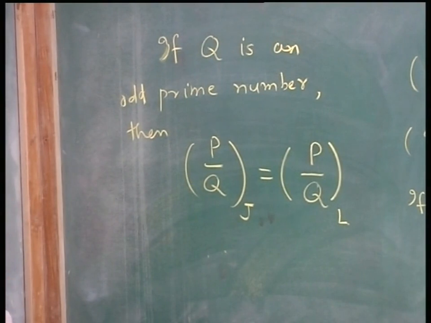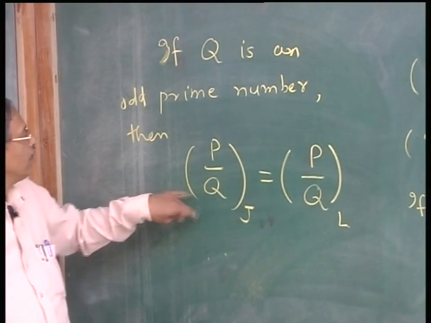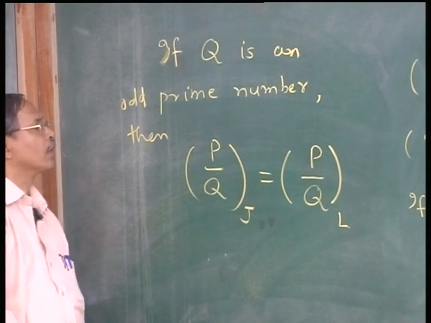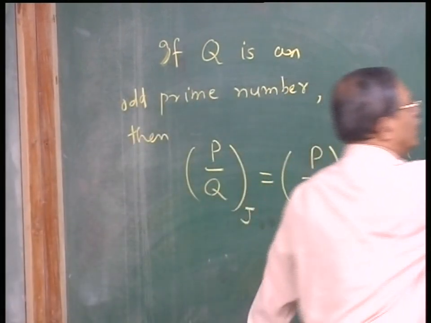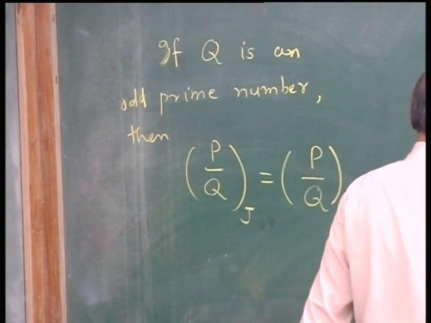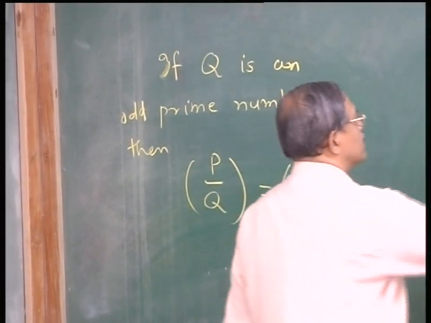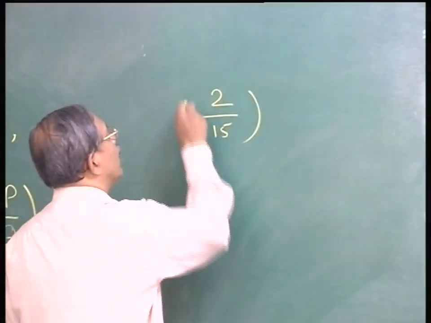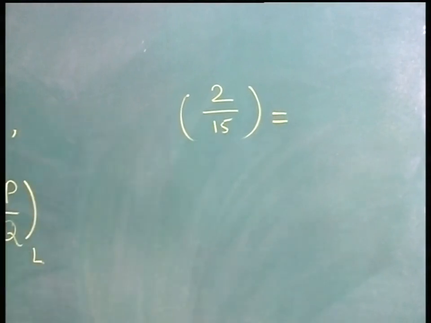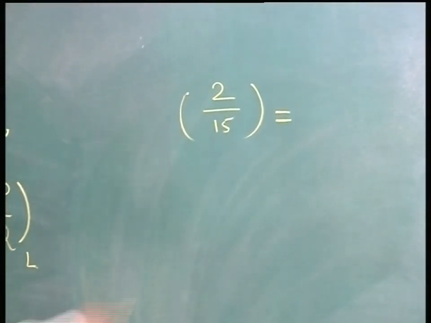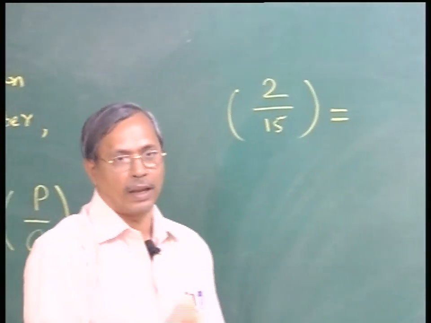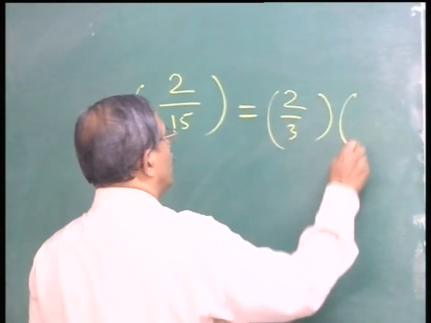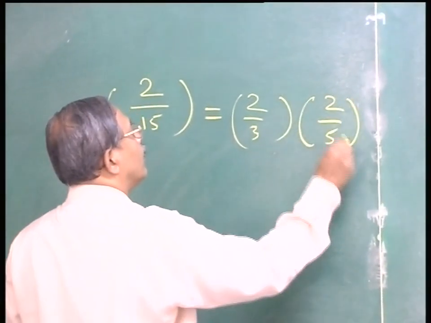They coincide when the denominator is a prime number. We can calculate this Jacobi symbol. For example, what is 2 by 15? Here this is an odd number bigger than 1. It is not a prime number. We have to factorize this. 2 by 3 into 2 by 5.